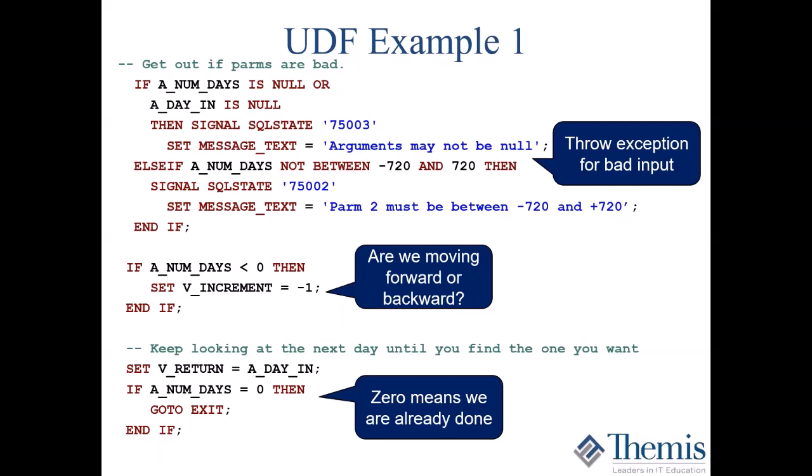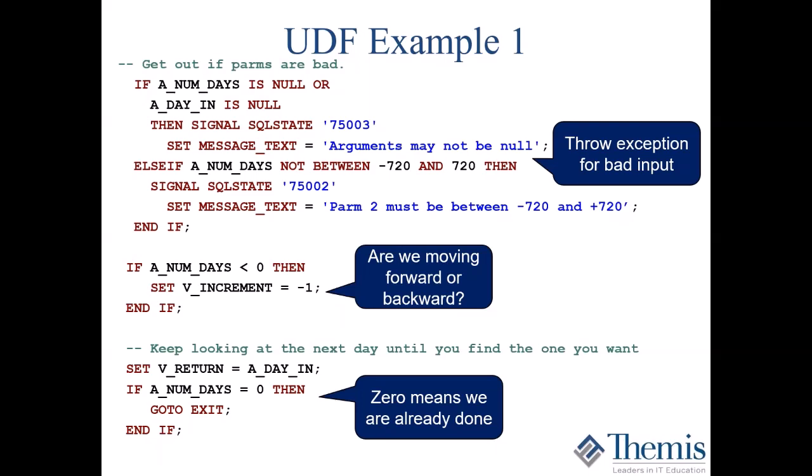Num days better not be too big or too small. In other words, this function can add or subtract up to 720 days. The reason for that is that we're going to go into a loop, and we're going to keep adding a day to the date and see whether it counts and then keep going.